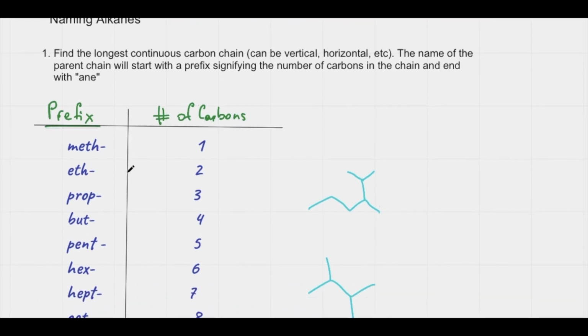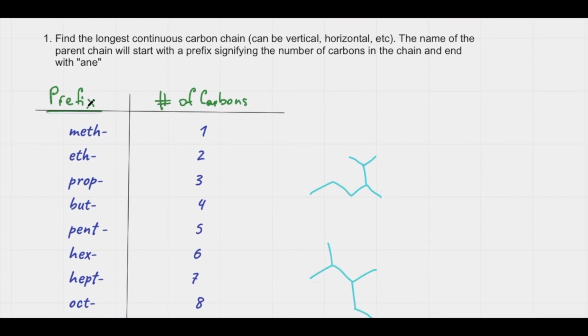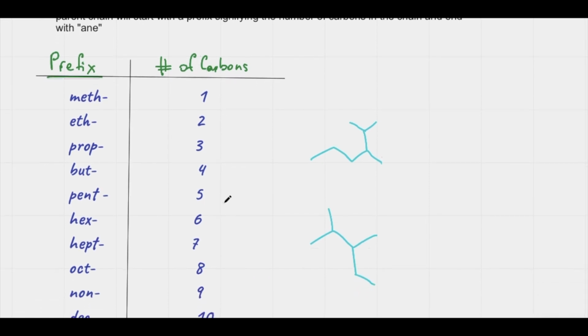Another thing that we have to memorize is the prefixes for the number of carbons in our parent chain. So for example, if we have 1 carbon, it's meth, 2 carbons is eth, and so on, as is written here. So let's go ahead and look at some of these examples and find the longest parent chain.